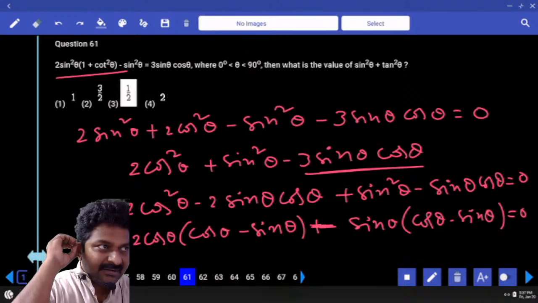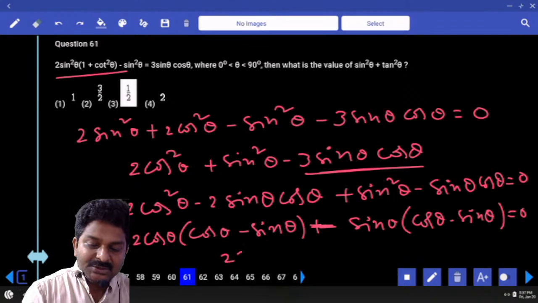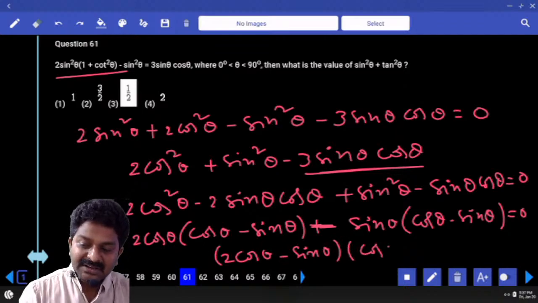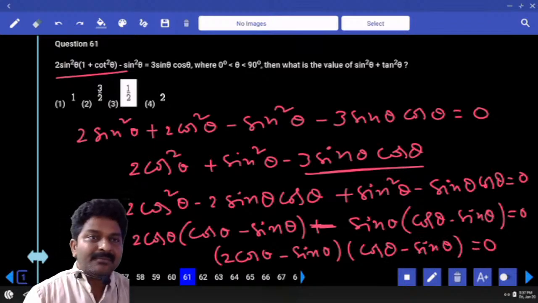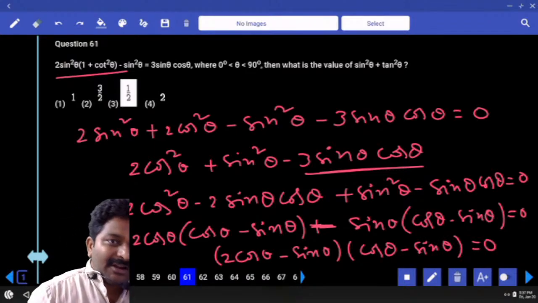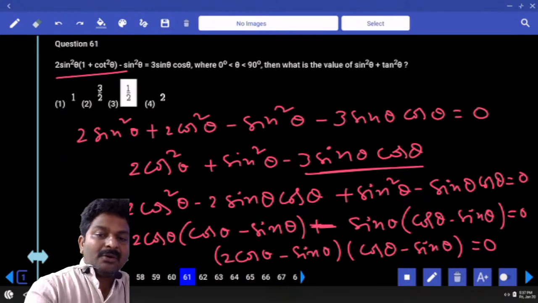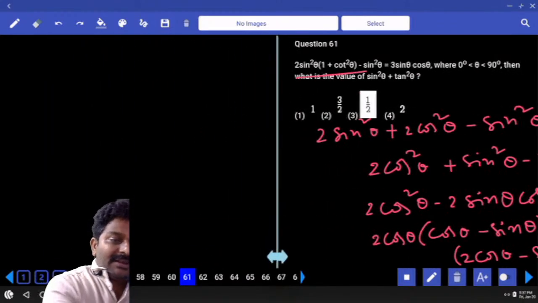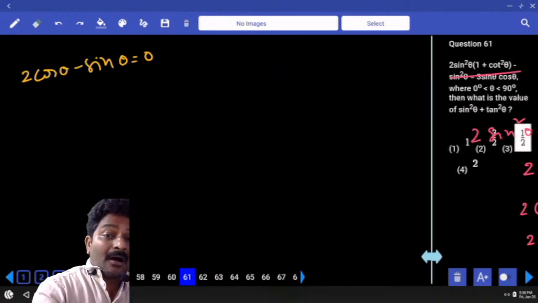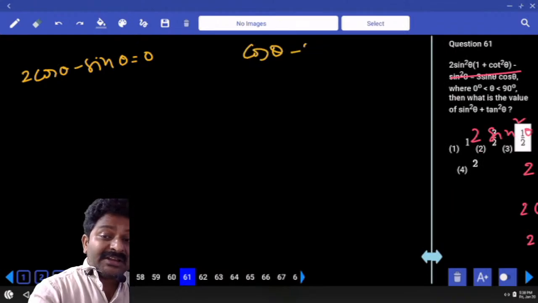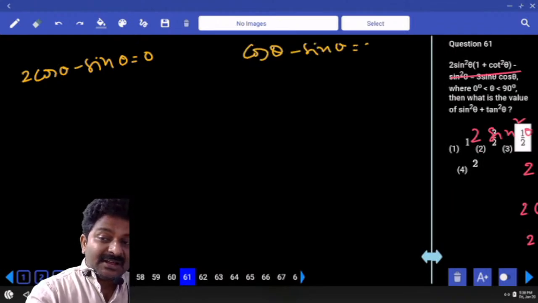Did you understand? So finally it is (2 cos theta minus sin theta) into (cos theta minus sin theta) is equal to 0. Now we will get 2 cos theta minus sin theta may be 0, or cos theta minus sin theta is equal to 0.